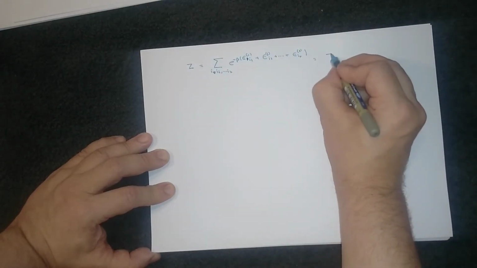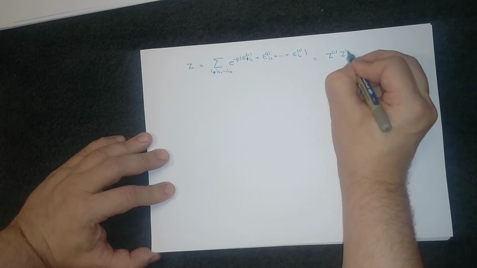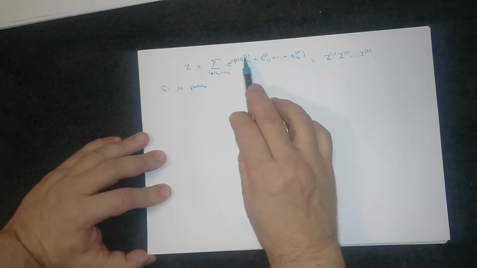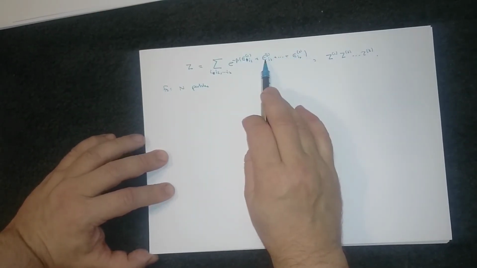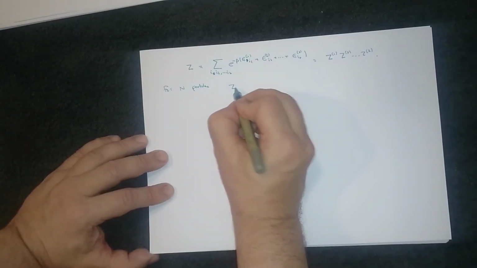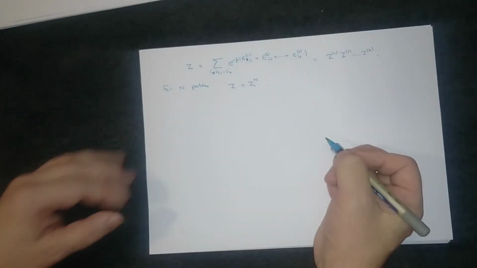And that's just z1 times z2 up to zk. So if we have n particles, and suppose they're all identical, so each of these different possibilities for the energy are all the same collection, you get the total partition function is z1 to the n.